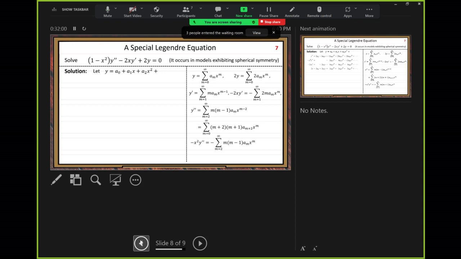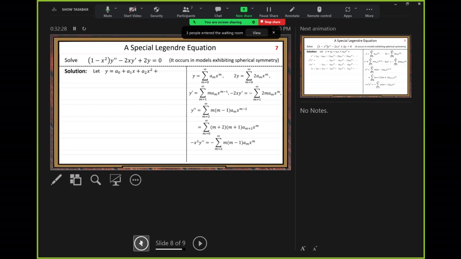Because we try to control the general term as a sub m times x to the m. We cannot do addition directly, right?